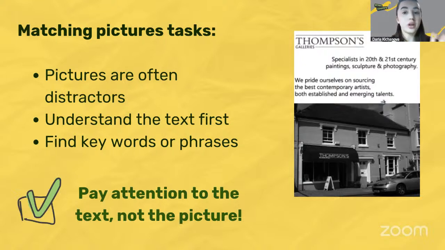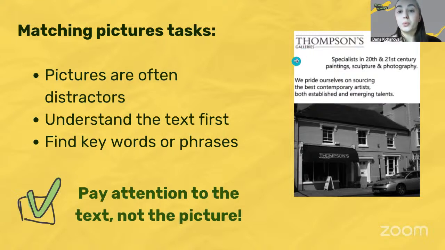So, you don't have any options right now. What can it be? What is this advertisement about? It may be about an exhibition, it may be about a competition, but we need to check some keywords to understand the answer. Here we have artists, here we have galleries.